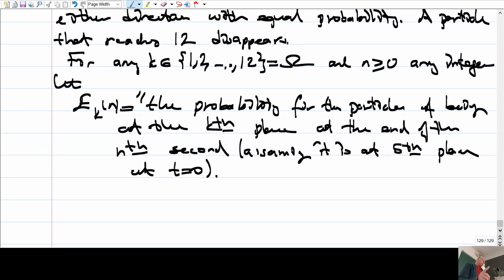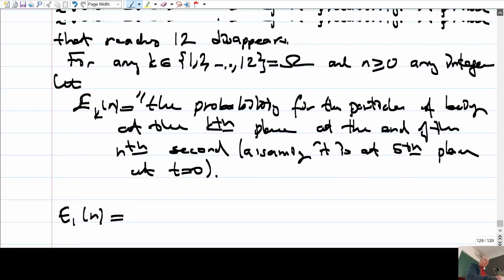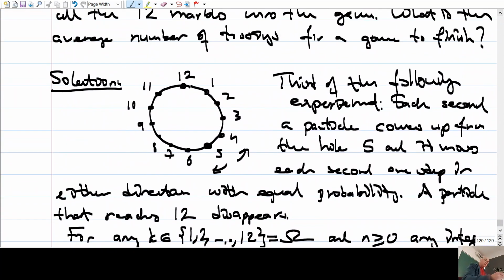Well then, we may just write down the following recursive relations. For example, what is E1n? At the end of the nth second, what is the probability that the particle is at the position 1?